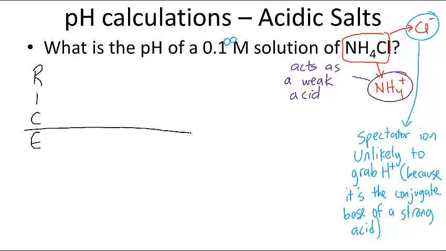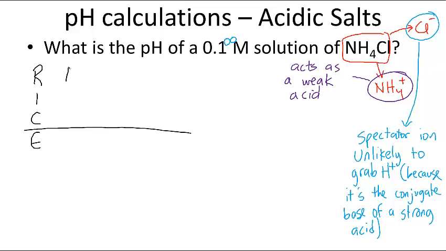All right, so what's the equilibrium I want to examine? Not NH4Cl. We've decided the chloride's a spectator ion, so let's leave it out.